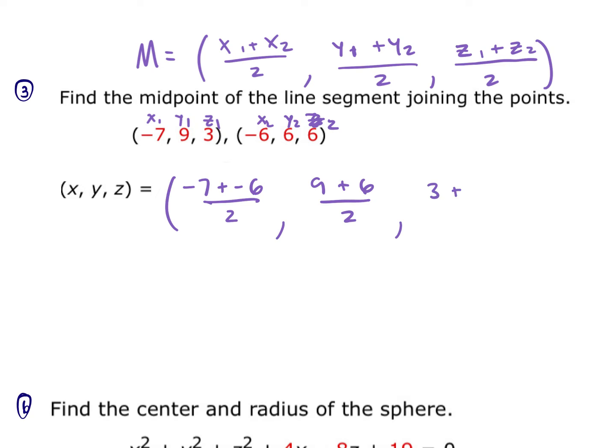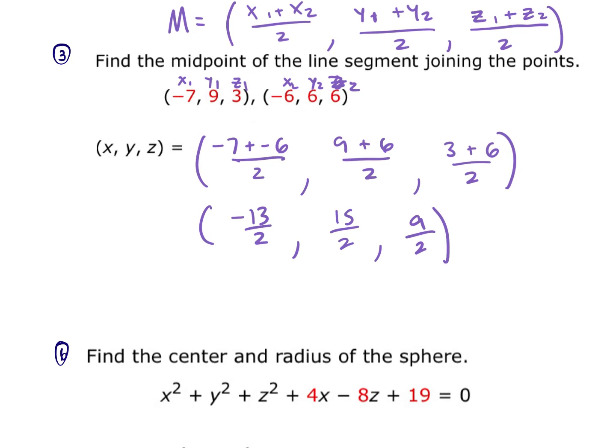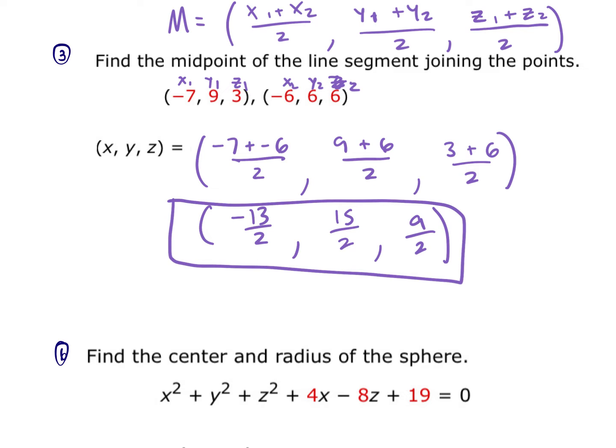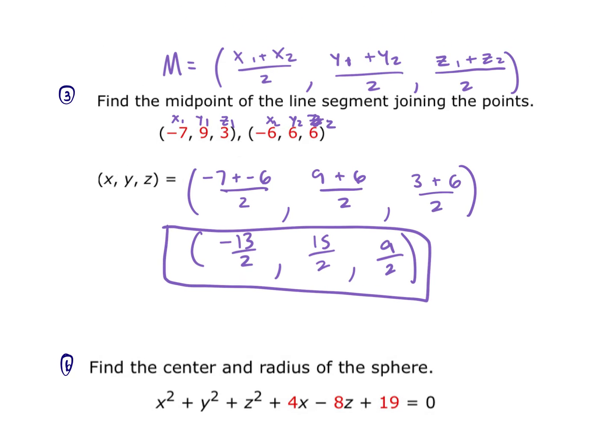And 3 plus 6 over 2. So this is negative 13 over 2, 15 over 2, and 9 over 2. If the quiz says no decimals, you leave your answer as fractions like this. So make sure you know the midpoint formula for tomorrow.